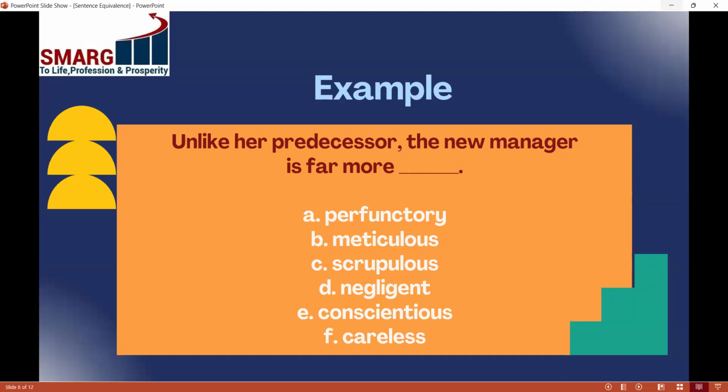Everybody went through that confusion that, unlike her predecessor, now this is very vague. This can go any which way. I can also make a negative sentence, in the sense that, unlike her predecessor, this one happens to be very perfunctory or very careless. The previous manager could have been good, and the new manager is a downgrade. It can go this way as well.